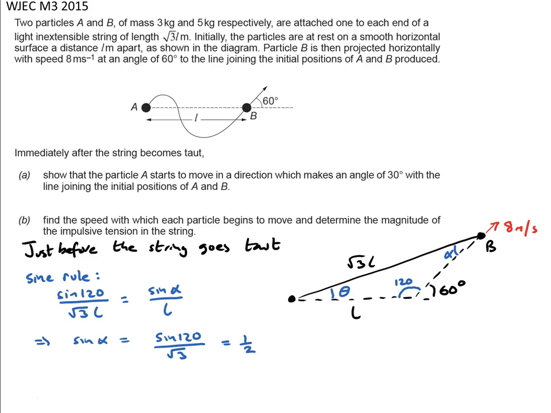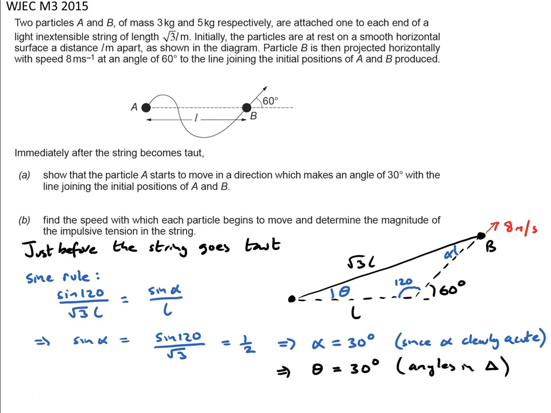So alpha must be 30 degrees because we know that alpha must be an acute angle. And that means that theta is also going to be 30 degrees using angles in a triangle.